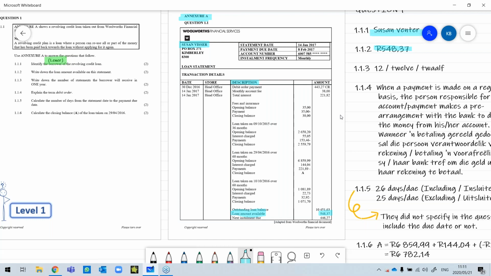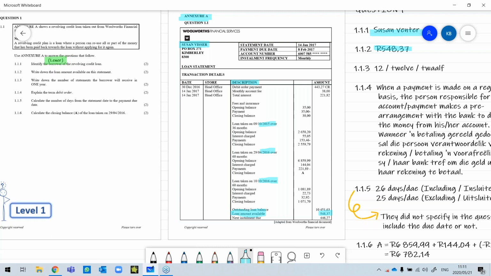Question 1.1.3. Write down the number of statements the borrower will receive in 1 year. Now, you will see over here a loan taken on 2015, and then in 2016, and then again October 2016.